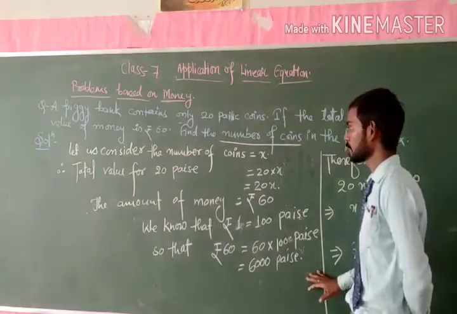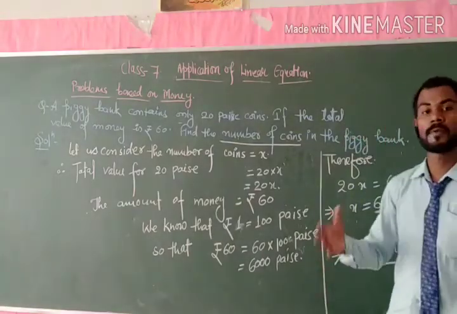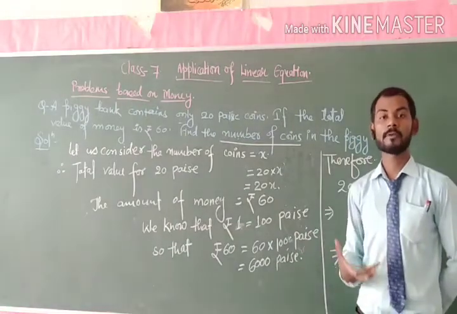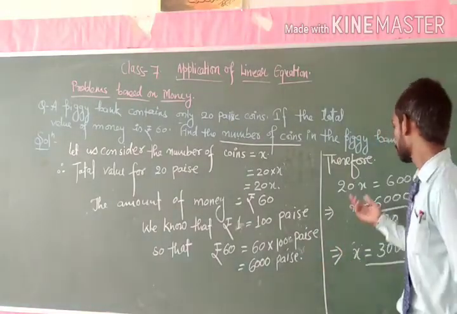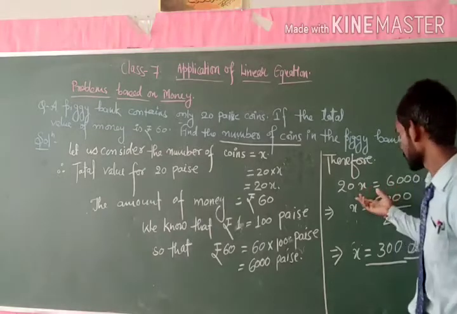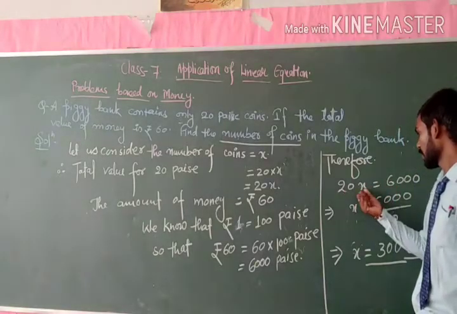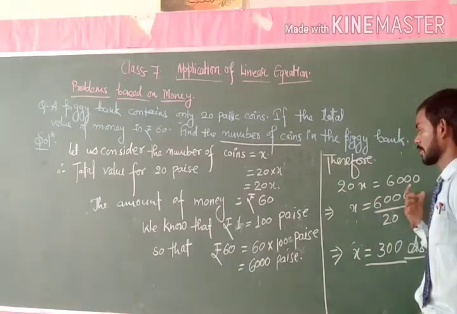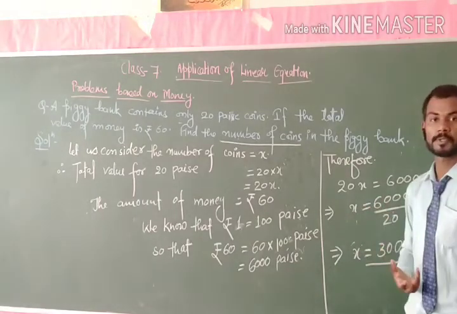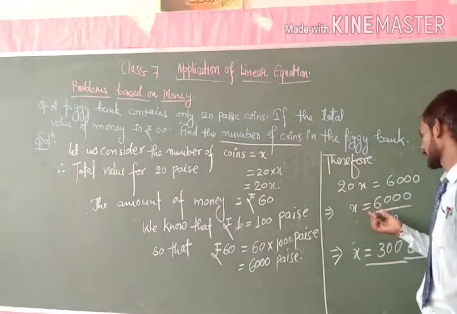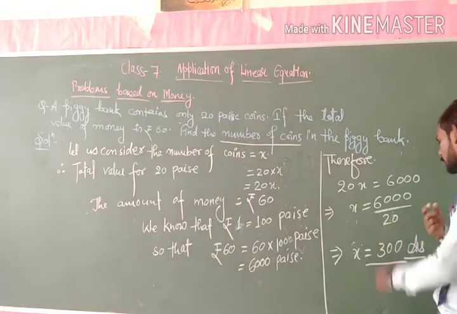Now, according to the question, we have to find the value of coins of 20 paise. So we write that 20x is equal to 6000, and applying the transposition method, we get x is equal to 6000 upon 20.